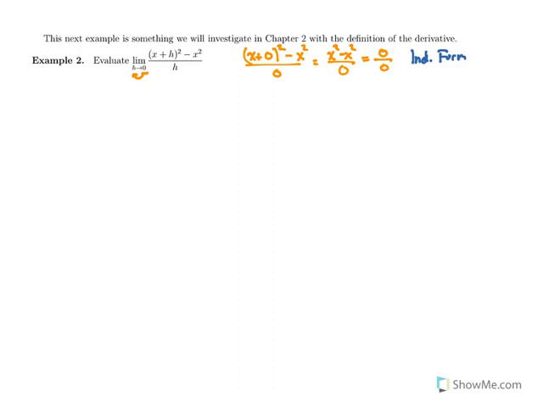So in this problem, let's take care of that x plus h squared by expanding that term out. So here we have x plus h squared is x squared plus 2xh plus h squared, minus x squared, over h. And when we do that, we can simplify algebraically by canceling out those x squareds.